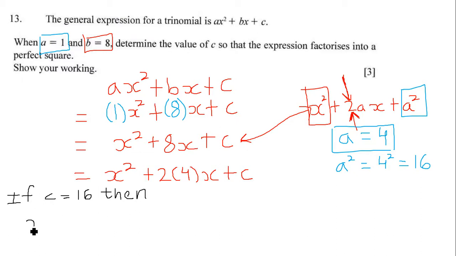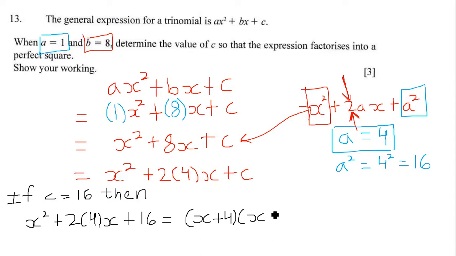Then we'll have x squared plus 2 open bracket 4x plus 16, and using the formula we know that this is going to be equal to open bracket x plus 4, x plus 4, which is going to be equal to x plus 4 all squared.